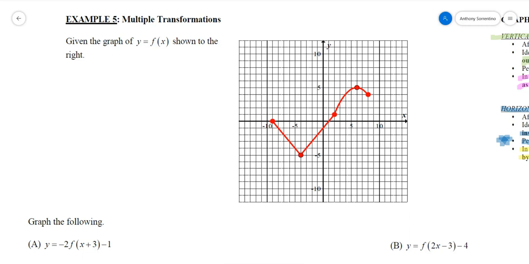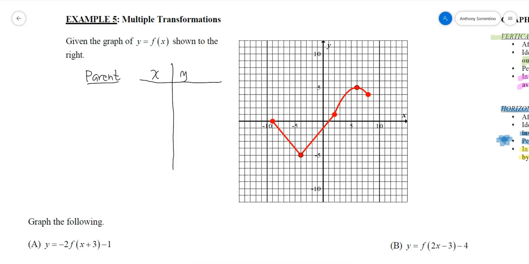So when I follow these techniques, I'm going to need to make sure that I have a parent function to work from. So I'm going to do a chart for my parent function first. So the parent function, which is y equals f of x, is going to have some points, and usually if you're presented this, I'm going to use the ones that have the big dots in them.